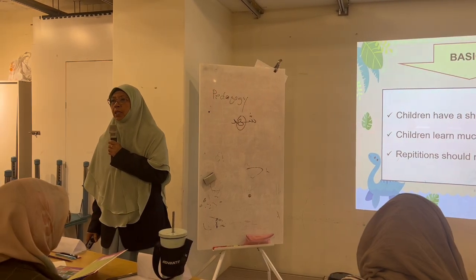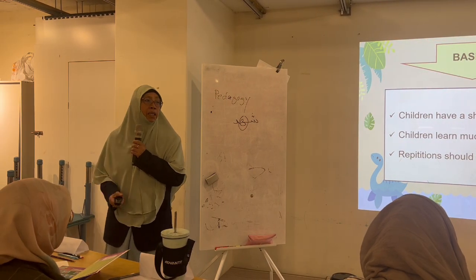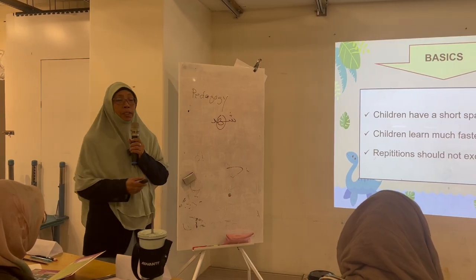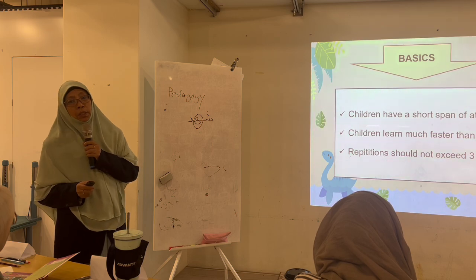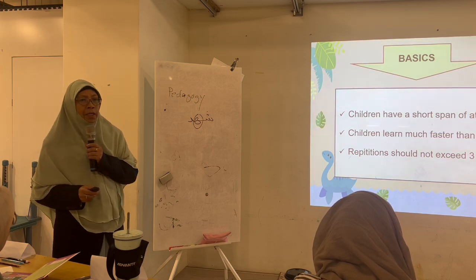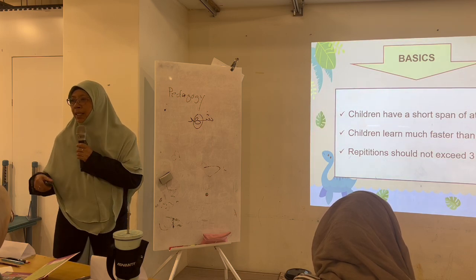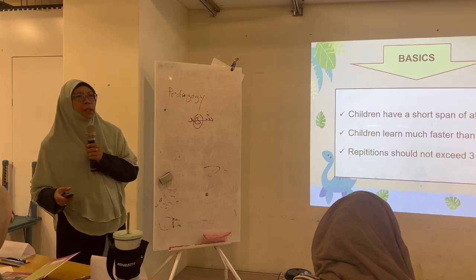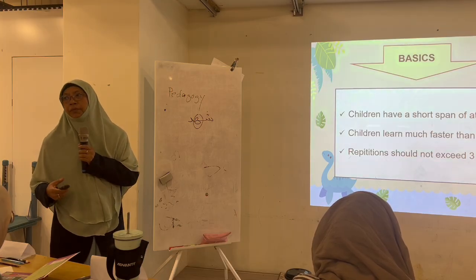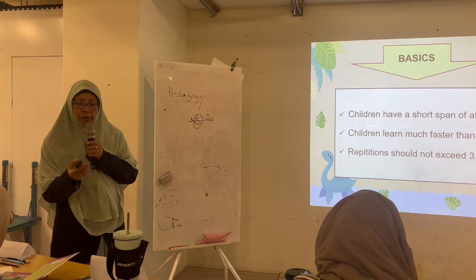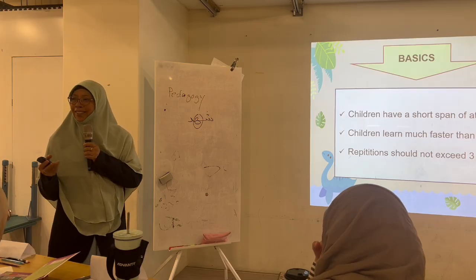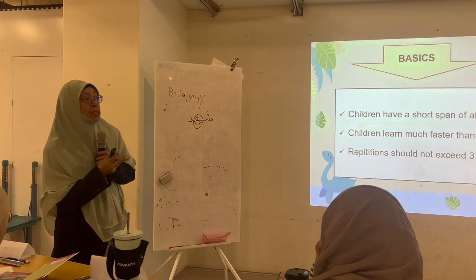For example, the hadith that Ustaz Amin mentioned just now: you teach your children salat at 7, right? At 10, then only you can hit them if it's necessary. Okay, so 7, 3 years, isn't it? 7, 8, 9, 10, 3 years.